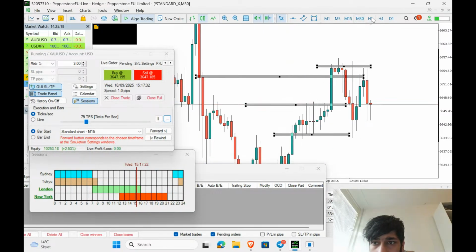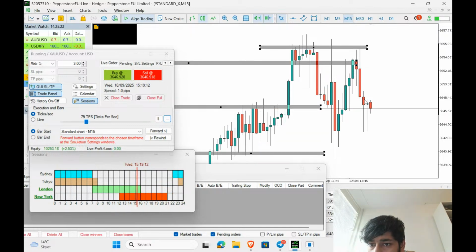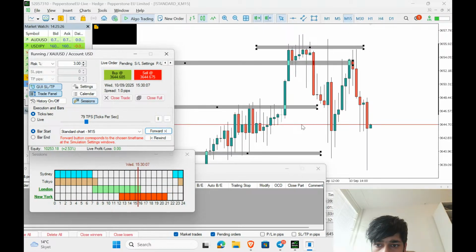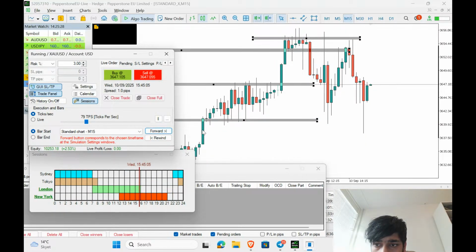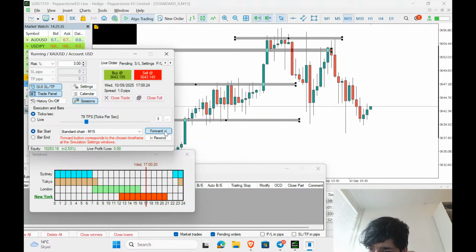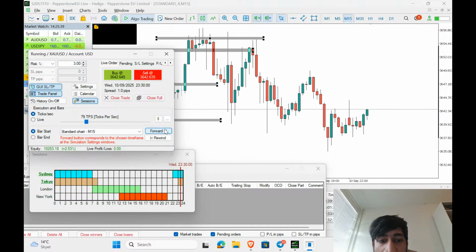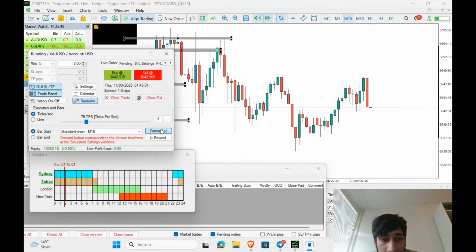If in this case M30 would be proper bullish and this M15 would be bearish, then it was a very good opportunity for me to take buys. But that was not the case. And we ended the day, Wednesday.